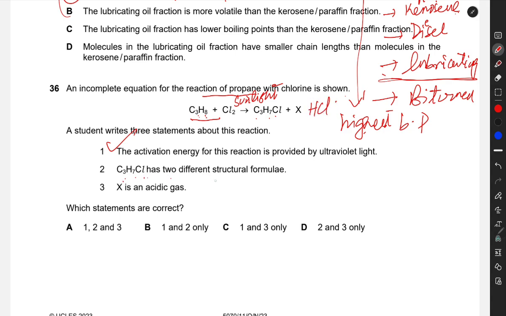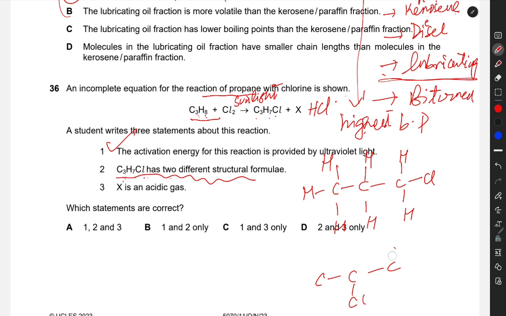C3H7Cl has 2 different structures. Yes, it can form 2 different structural formulae, like this, Cl, and this is another structural formula.